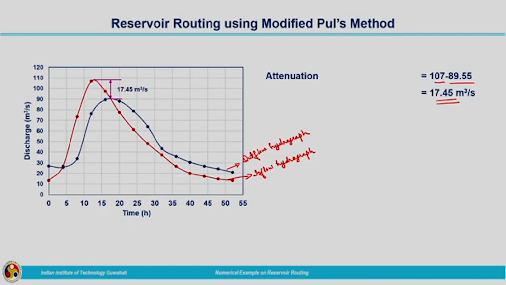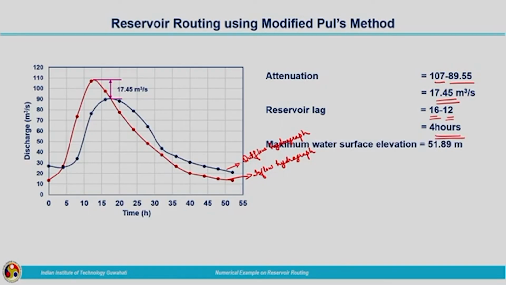Now, we need to determine the reservoir lag. The outflow peak occurred at the 16th hour and the inflow peak is at the 12th hour. So, the reservoir lag is the difference in that time, that is coming out to be 4 hours.